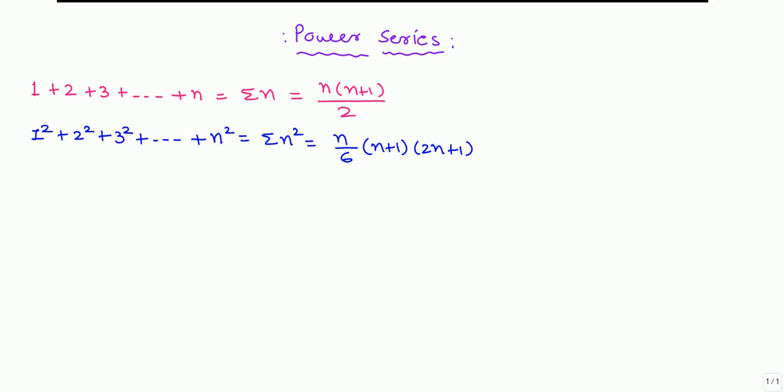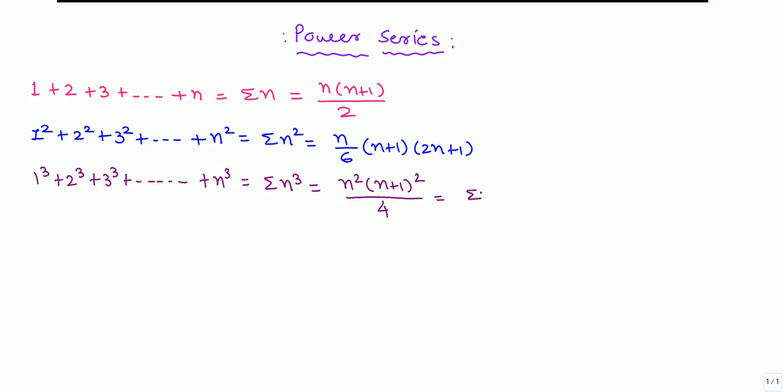And third one is 1 cube plus 2 cube plus 3 cube till n cube. It is denoted by sigma n cube, and sigma n cube is equal to n square into n plus 1 whole square divided by 4, but it is nothing, it is only sigma n whole square. So you have to remember these 3 formulas.